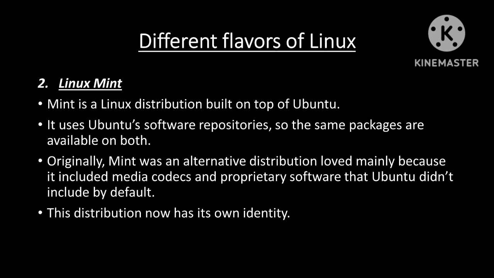Originally, Mint was an alternative distribution loved mainly because it included media codecs and proprietary software that Ubuntu did not include by default. This distribution now has its own identity.